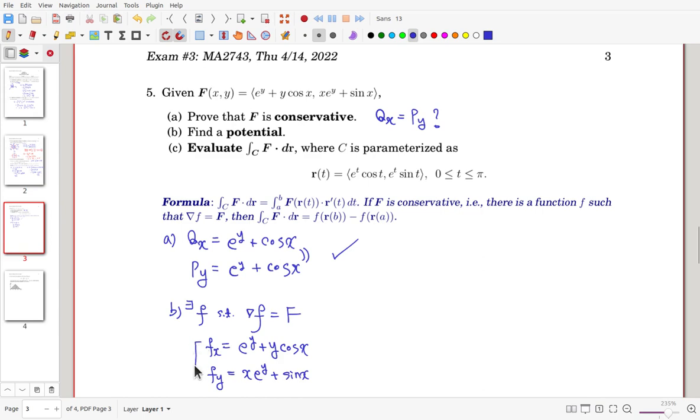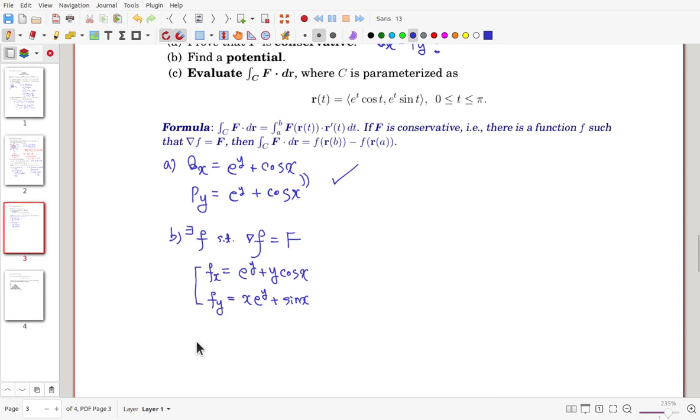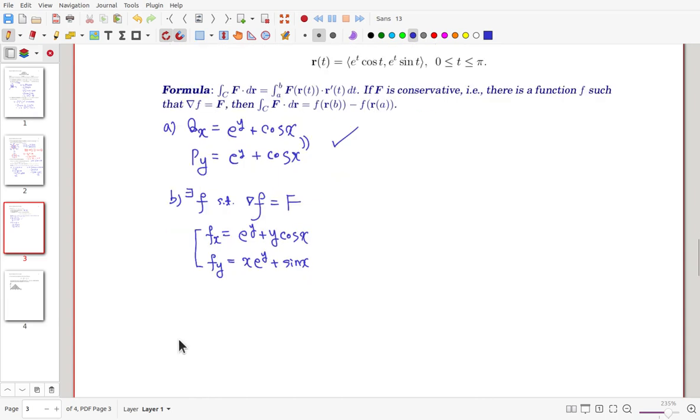Okay, we have to solve these two equations to find f. It's a standard technique: equation 1, equation 2. From 1, we make an x integration, then f is x e to the y, since we are integrating in x, plus y sine x. Right?